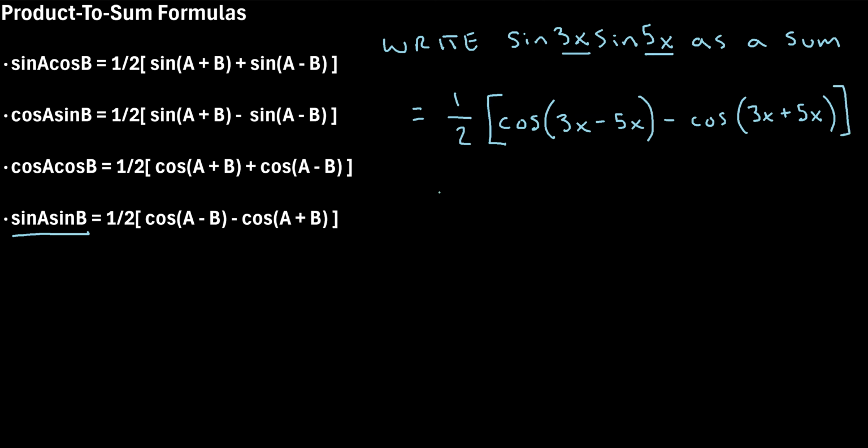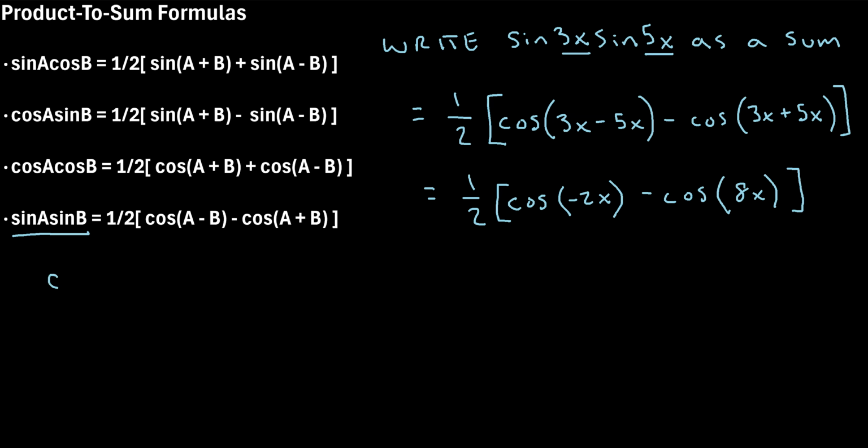So let's go ahead and simplify. So we go 1/2 times the cosine of 3x minus 5x, that's negative 2x. And then we have minus cosine of 3x plus 5x, that's 8x. So if you'll recall, the cosine of negative x, this is one of our even identities in trigonometry.